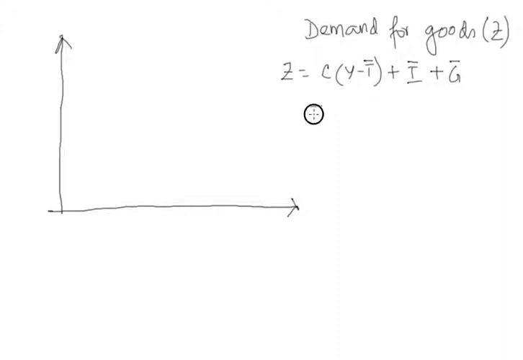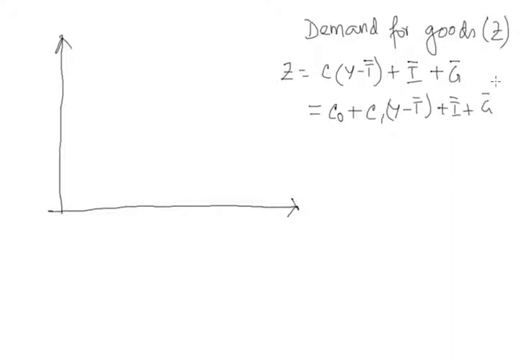Note that if we expand the consumption function, which is the Keynesian consumption function, then this should be an autonomous part C0 plus C1, which is MPC, times Y minus T bar, plus I bar plus G bar.